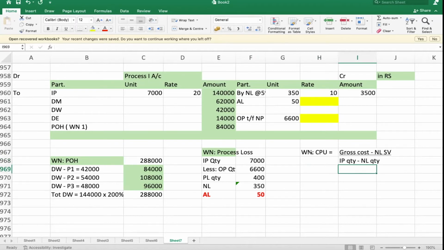Shall I repeat once again? Cost per unit is equal to gross cost minus normal loss salvage value divided by input quantity minus normal loss quantity. Whenever you come across a formula, kindly highlight it. Like process loss: input quantity minus output quantity is equal to process loss quantity. Similarly, cost per unit is equal to gross cost minus normal loss salvage value divided by input quantity minus normal loss quantity.